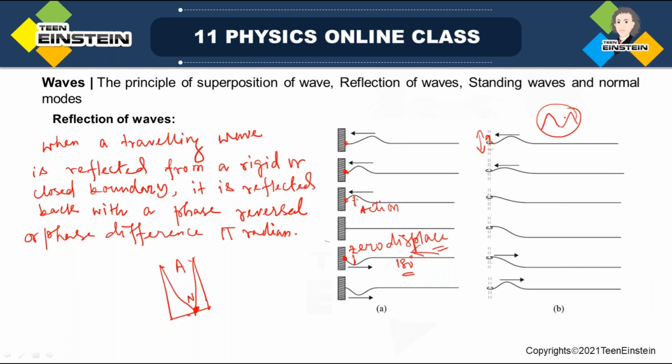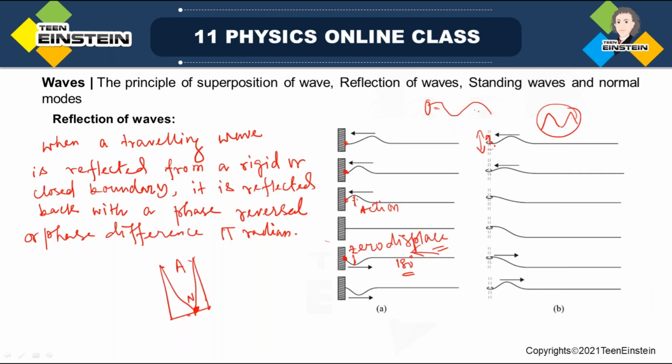It will move in the opposite direction, but it will also create a crest over here, not a trough. So both are crests, but since this is a reflected wave, it will travel in the opposite direction.